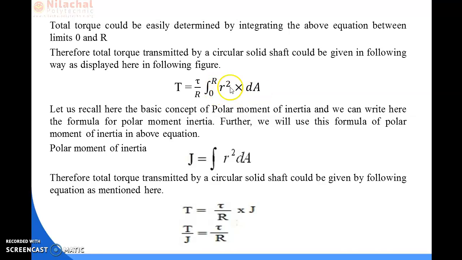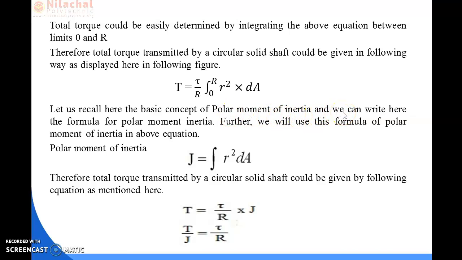That r is the small r value, that is the radius from the center to the small elementary section. Hence, this integration of r square into dA is the value of polar moment of inertia.